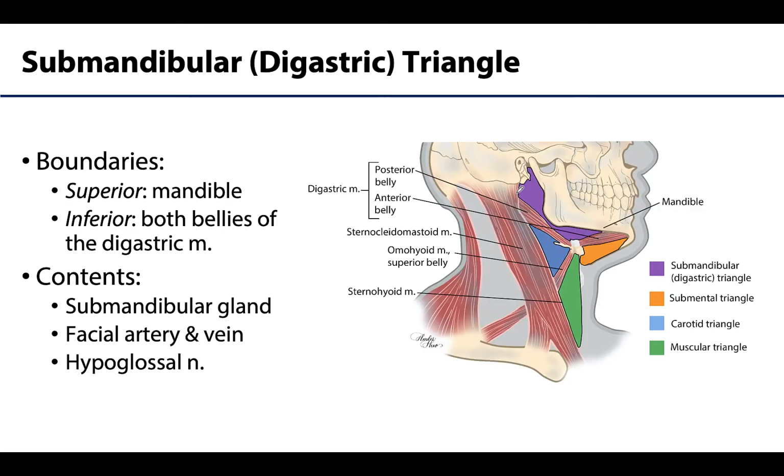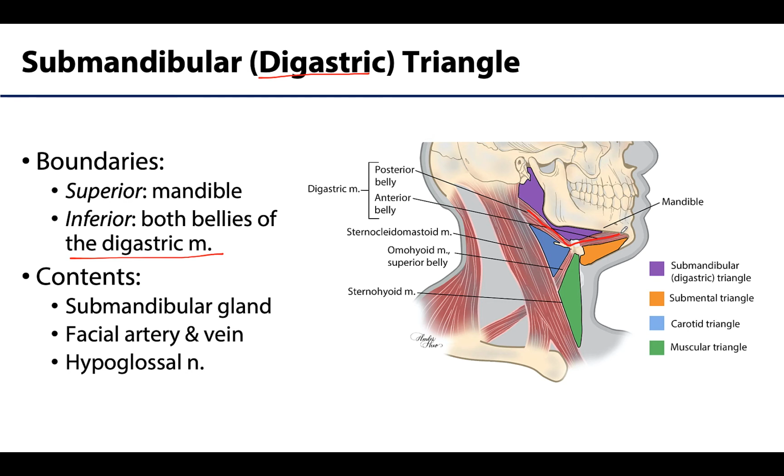The anterior cervical triangle can be further subdivided into 4 triangles. We will start our conversation with the most superior lateral one, the submandibular triangle, sometimes referred to as the digastric triangle. And you can see from the borders why it is sometimes called the digastric triangle, because both the anterior and posterior bellies of the digastric will form the inferior borders of the digastric or submandibular triangle.